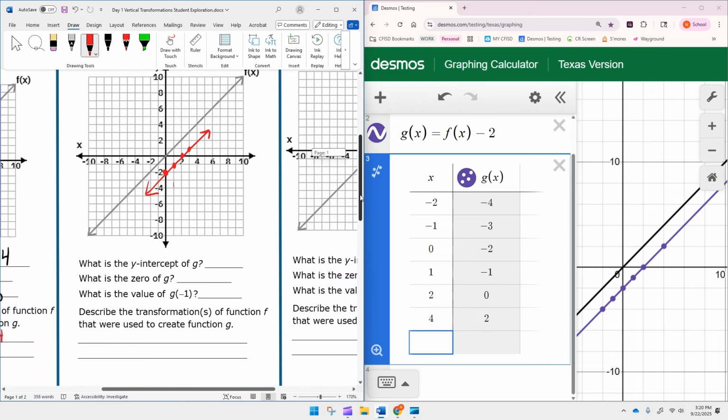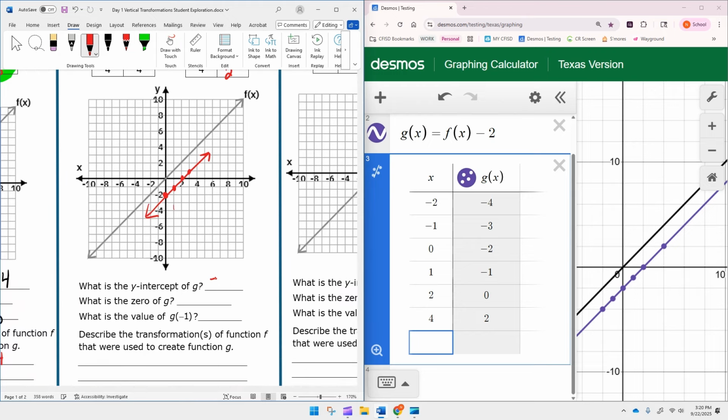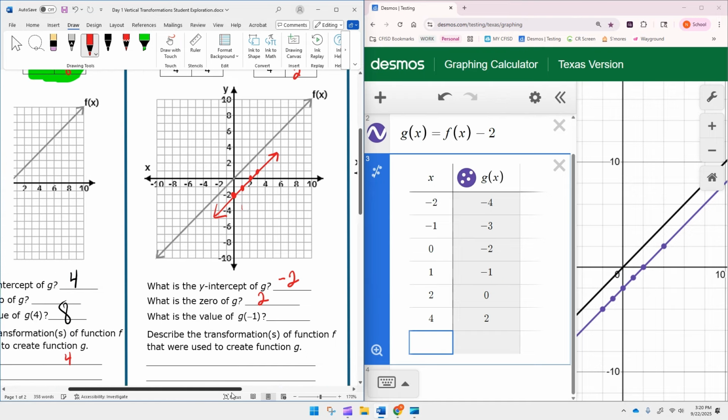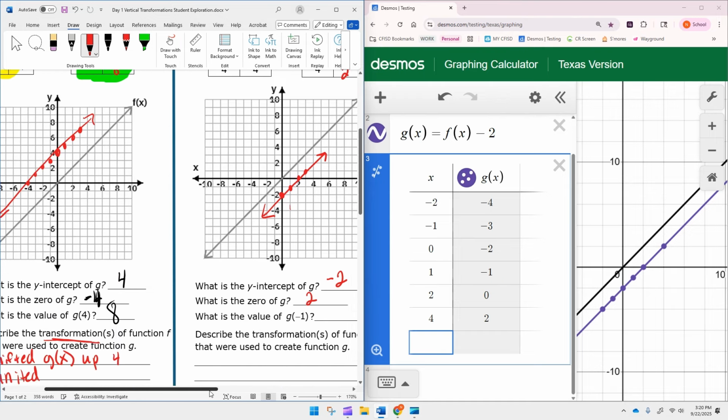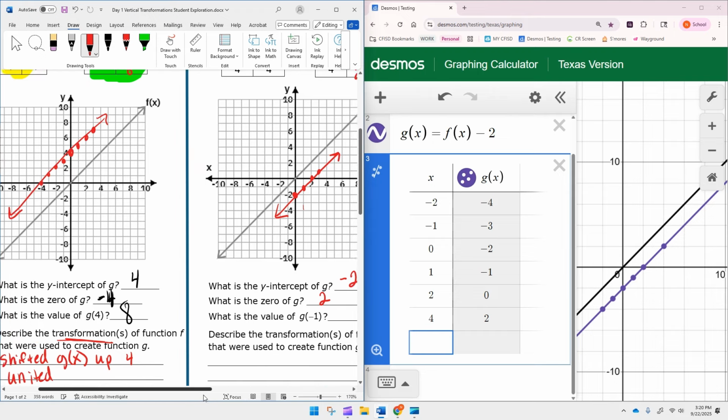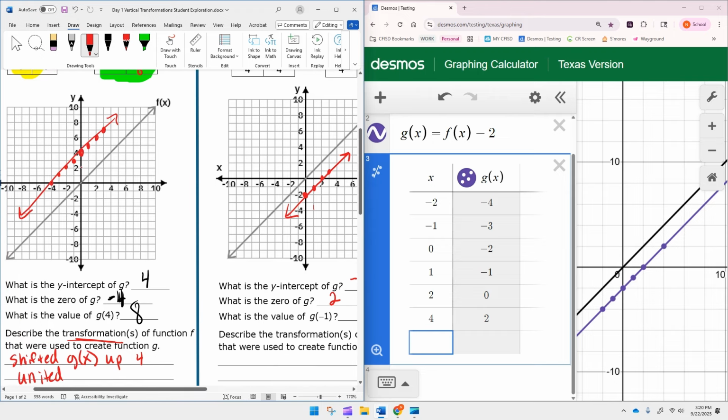Now let's answer some of these questions. So our y-intercept now is 0, -2. And the zero of the graph is now over at +2 instead of at 0. Now there's some interesting things that happen between the zeros of the graph between 1 and 2. If you noticed, our y-intercept went up, so our y-intercept went positive, and our zero of the graph went negative.